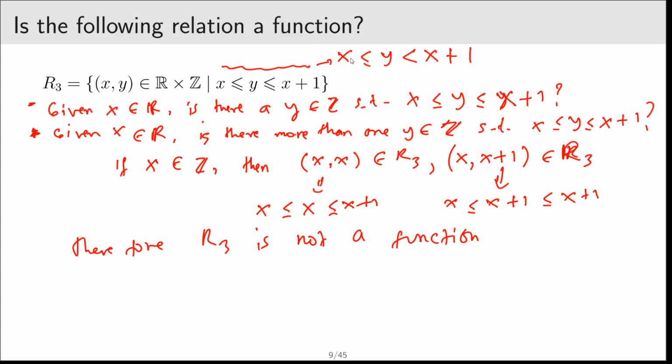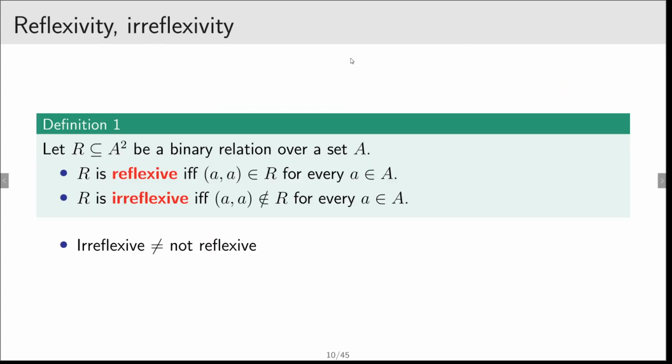Now, the next property of binary relations concerns reflexivity and irreflexivity. Suppose you are given a binary relation over a set A, so R is a subset of A squared.